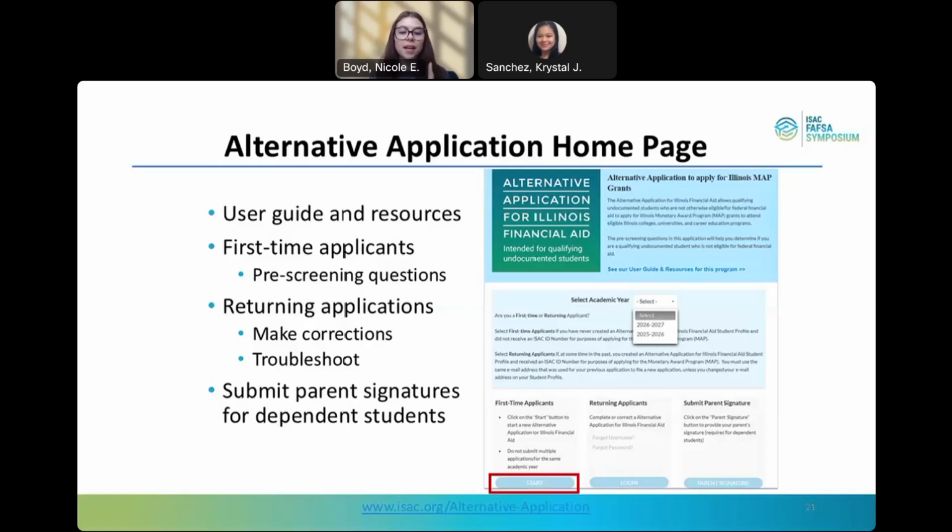And this is where they can either complete a saved in progress alternative application or make corrections to their application. And then for parents to get in and submit their parent signature, they would just go to that last tab, which is parent signature, and they can use that button to sign their student's application.